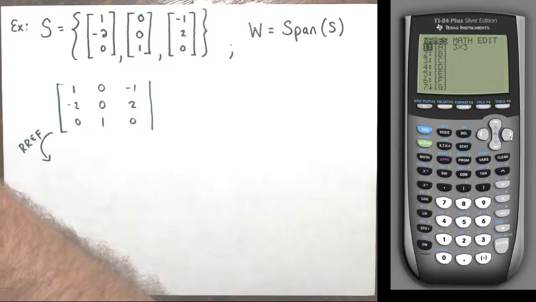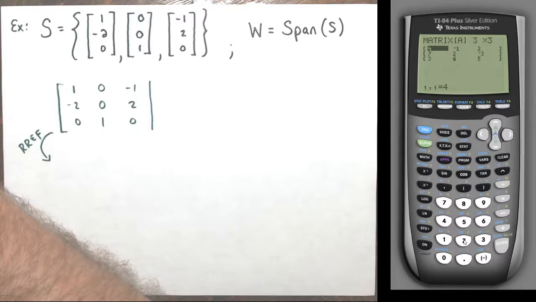So back to the matrix, edit, it's still a 3 by 3. First row 1, 0, negative 1. Second row, negative 2, 0, 2, which you see is just negative 1 times the first row, right?